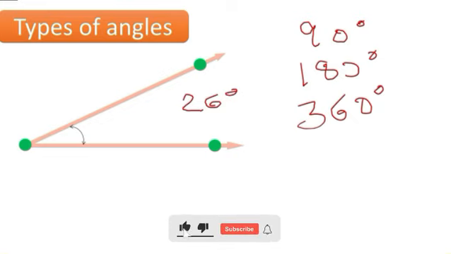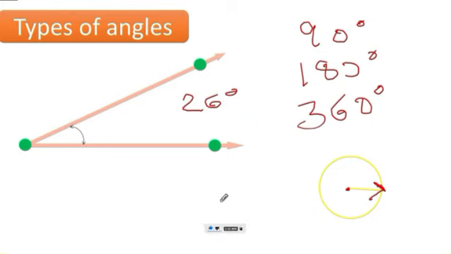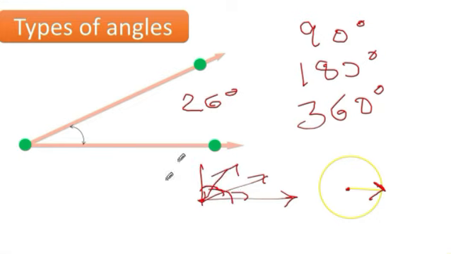And what is a 360 degree angle, you ask? Well, a 360 degree angle is this. It started from 0 degrees and slowly went up, eventually completing the whole circle. So this is the highest number you can have, which is 360 degrees.